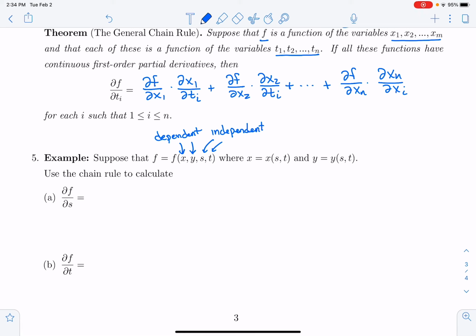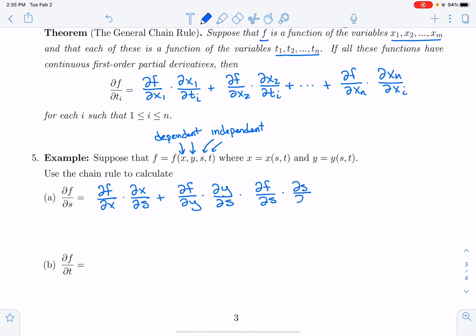Okay, so the derivative of f with respect to s is going to be df dx times dx ds plus df dy times dy ds. Okay, that's all still the same, times df ds, and then you would think about it as being times, well, ds ds.